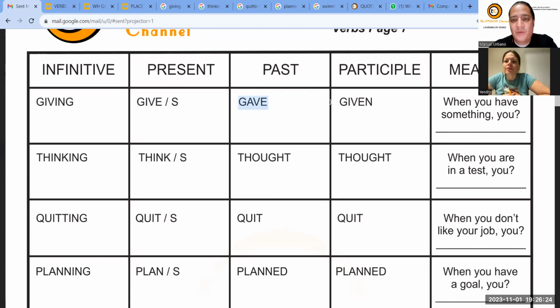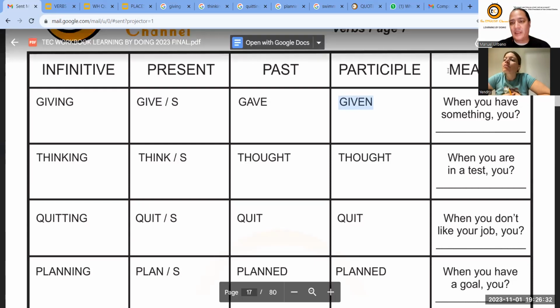Remember the V. Given. Given, the N is with the nose. And you usually give something to the other person. All right, let's continue with the next one after we do some images.